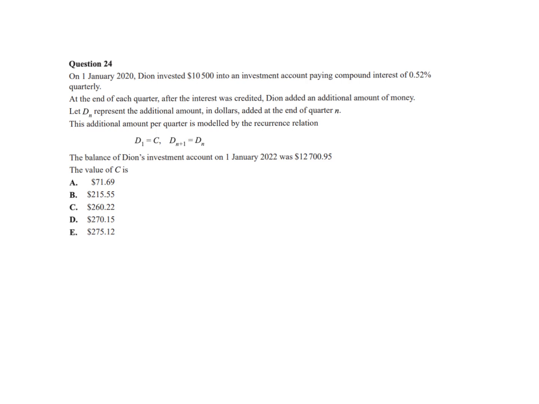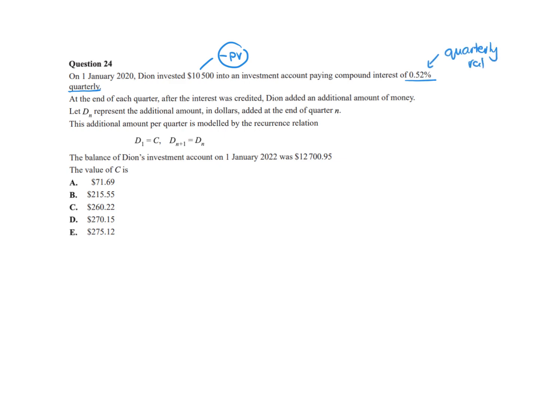Okay, on January 2020, Dion invested $10,500 into an investment account paying compound interest. Now, this one, so he's investing, so I can say negative PV. Now, it says compound interest. What we have to be careful, it says 0.52 quarterly. So that's actually given you the quarterly rate.